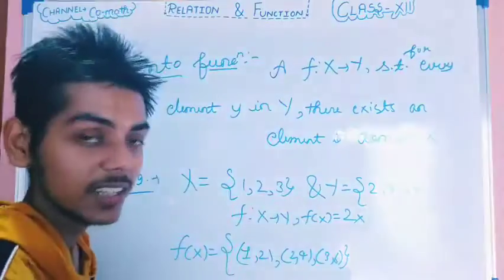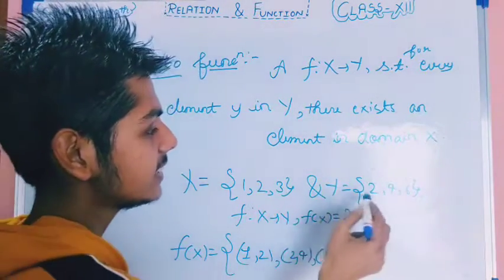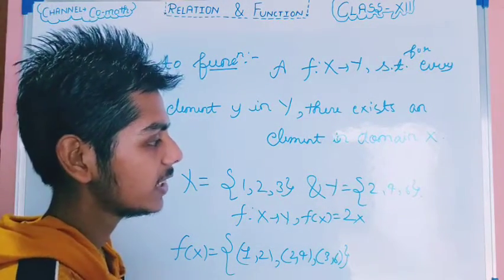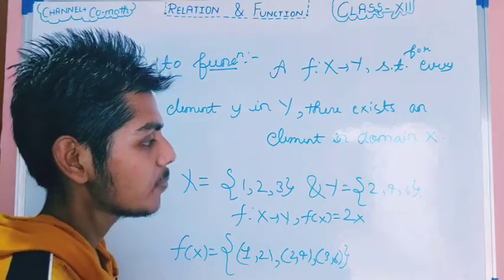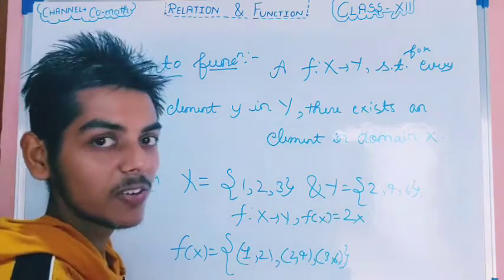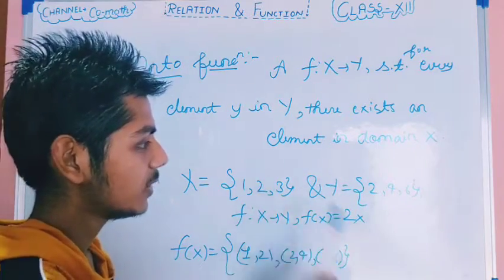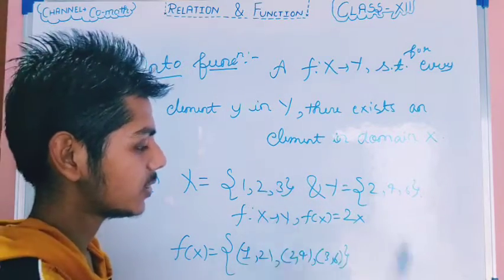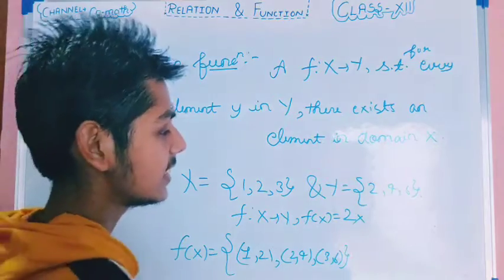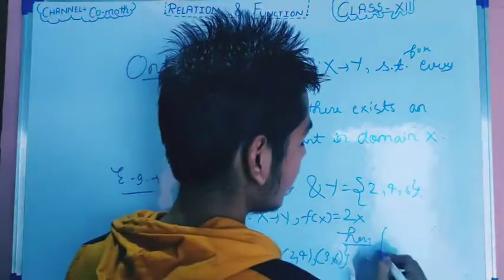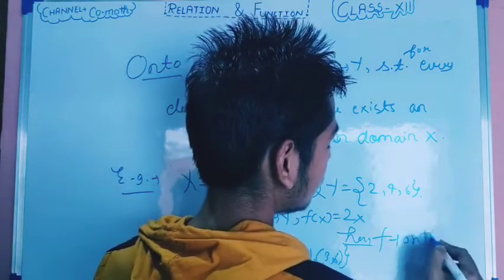So here you observe that each element of the codomain y, that is 2, 4, 6, acts as an image for each element in the domain x, that is 2 for 1, 4 for 2 and 6 for 3. Hence the function f is an onto function.